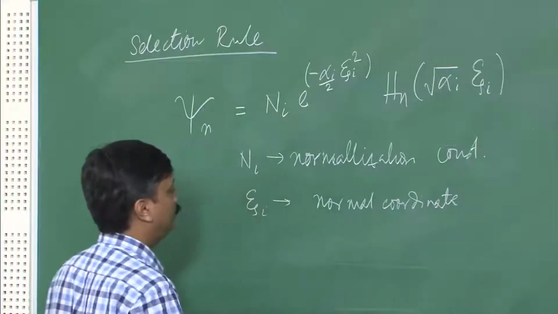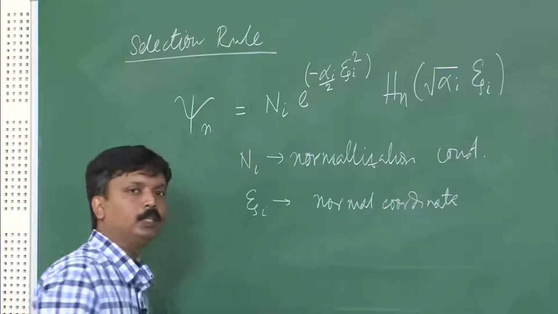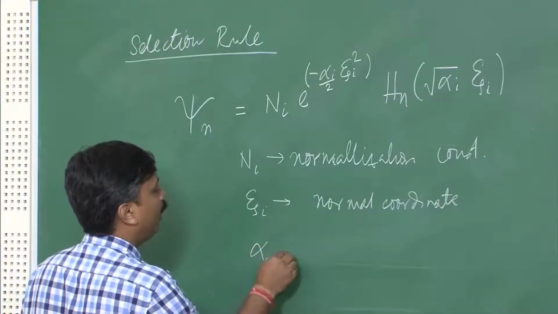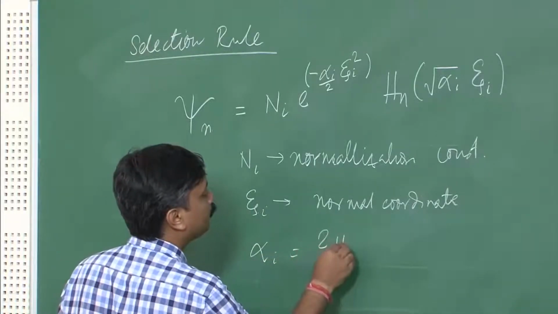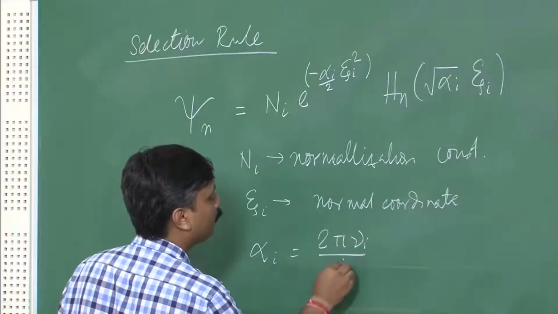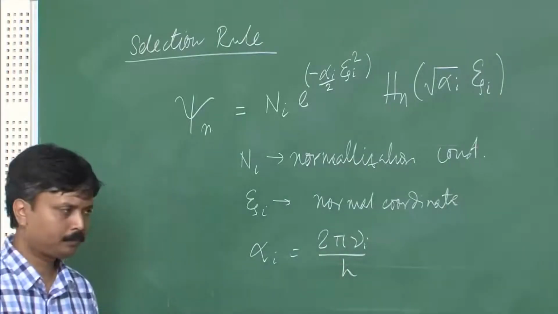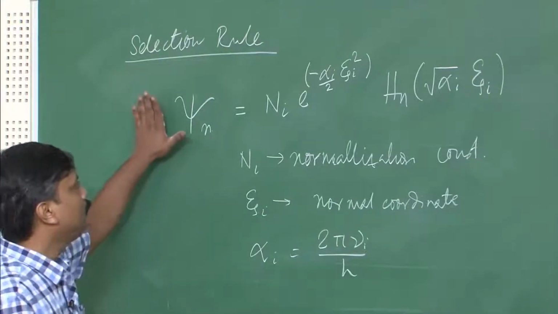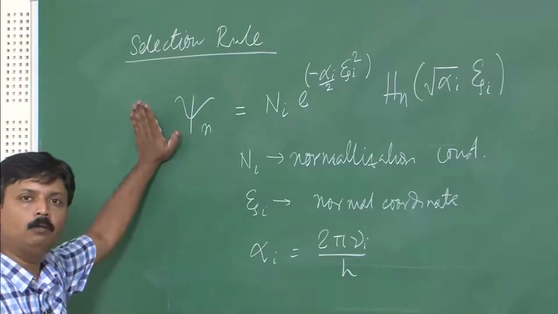Fine. And this alpha is a function of the frequency of the normal mode. So alpha I can write as by this. Okay. So now this is a wave function for any particular normal mode.